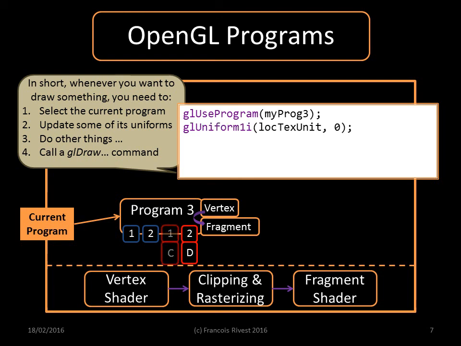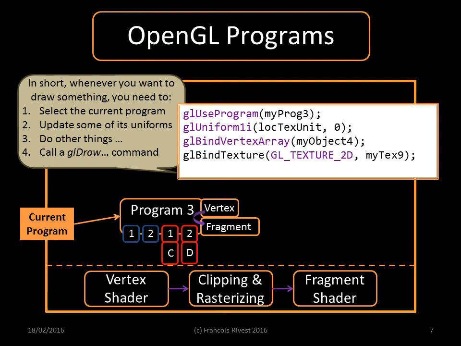The second one is to update your uniforms if you need to. And then you can choose the objects you want to draw, set the texture, some other things we'll see in some other presentation. And finally, you call glDrawArrays, which will basically run your program through the whole process. That's it.